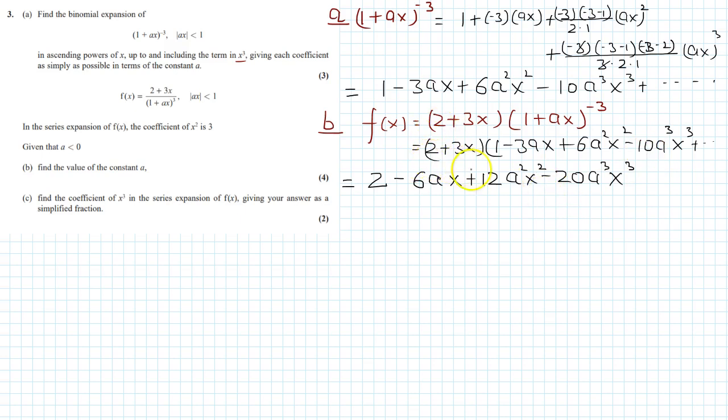Now we multiply this whole expansion by 3x. 3x times 1 is 3x. So we write it under this.